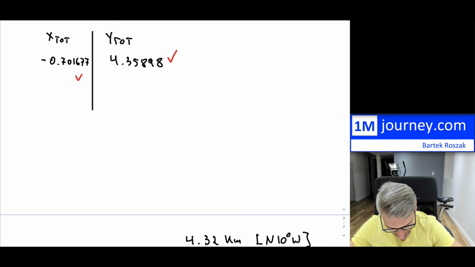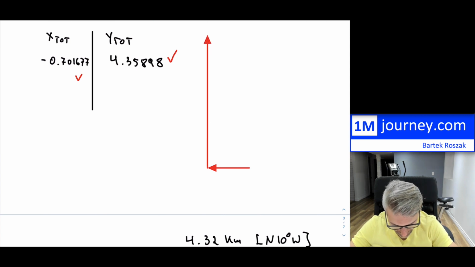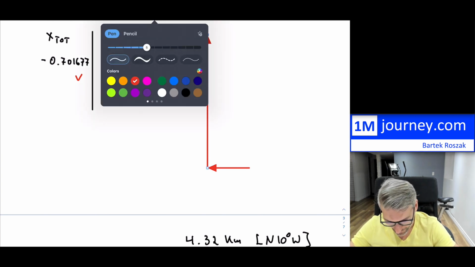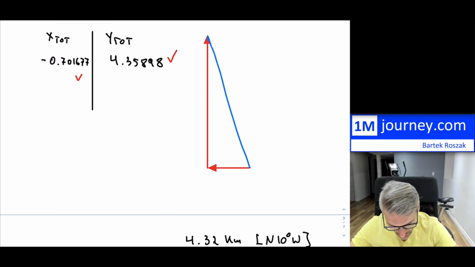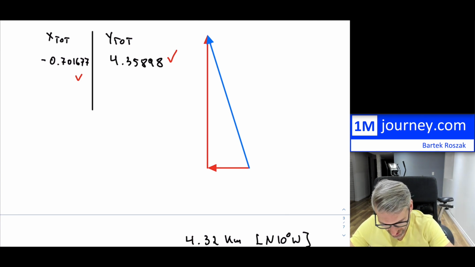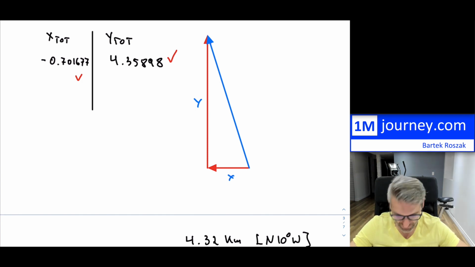You have a small piece, which is your x component, and then a very long piece right here, which is your y component. The resultant, the actual displacement, is going to be the combination of those two. My apologies, this is your y, and this is your x right there.